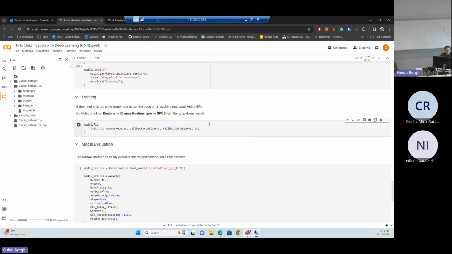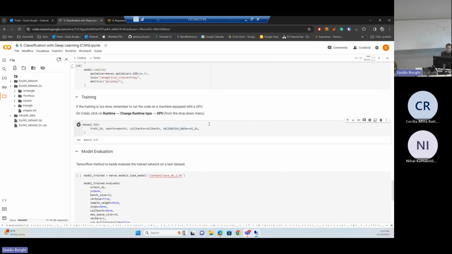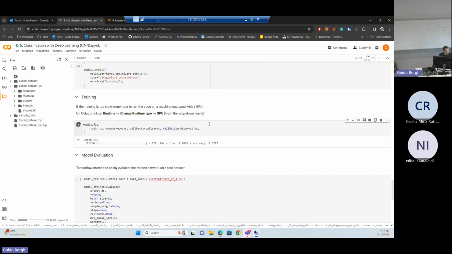And as you can see here, maybe the training procedure is quite slow, even if we don't have a lot of training data, and even if the architecture that we are using is the MobileNet architecture, that is a quite light architecture, we can say. It's not a very deep architecture with a high computational load.